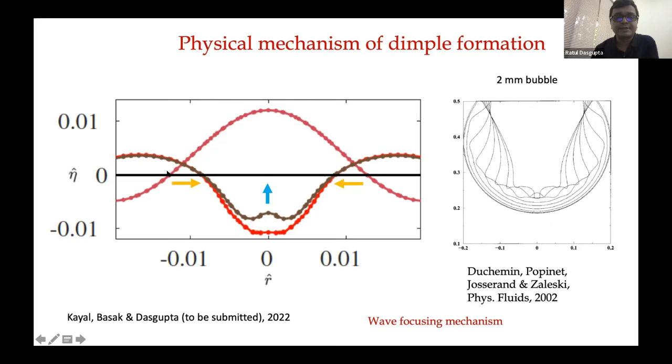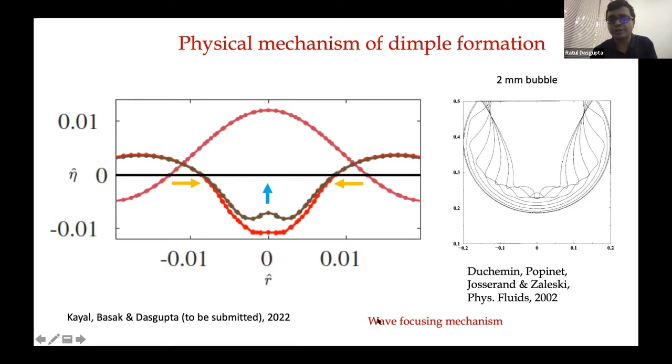The initial 0 crossing at time t equal to 0 was here. And as the wave crest becomes a trough, its 0 crossing has moved inwards. So it's as if these two big waves are coalescing at the axis of symmetry, and their coalescence at the toe produces a high pressure region which pushes this object up. So this is the physical mechanism.